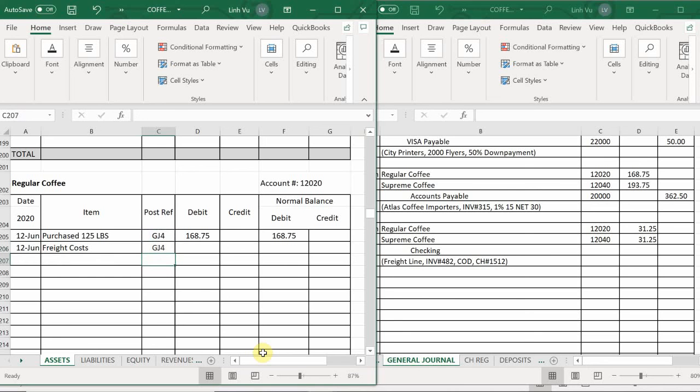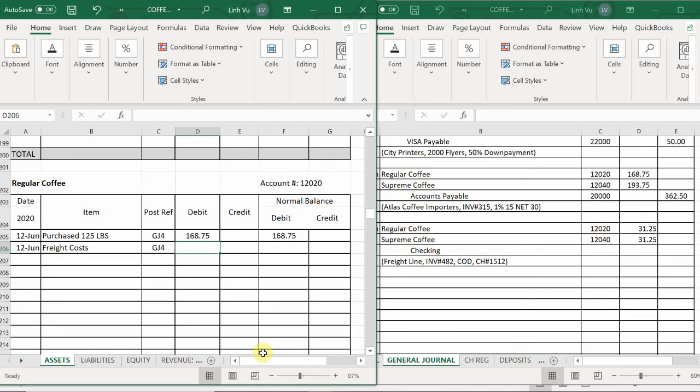We are still in general journal number 4. And this time, because we're dumping everything into inventory, we're assuming that this batch right here, because the definition of inventory is to include every single cost it takes to get the asset to the store.